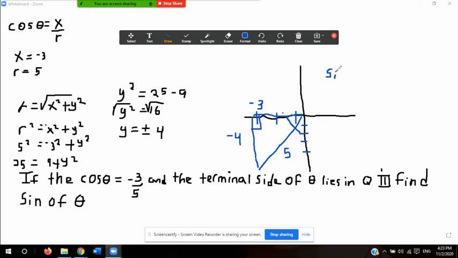So the sine of z is going to equal the opposite, or y, which in this case is negative 4, over the hypotenuse, which is 5. So that means that the sine of z in this example is negative 4/5.